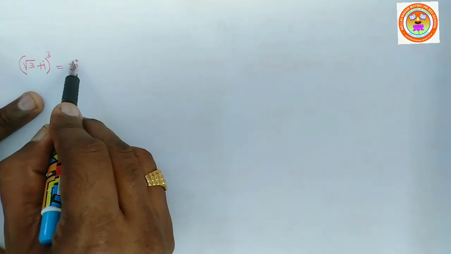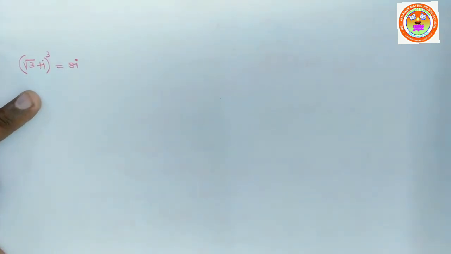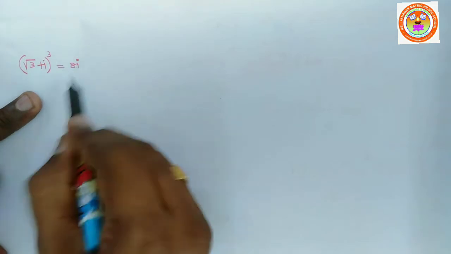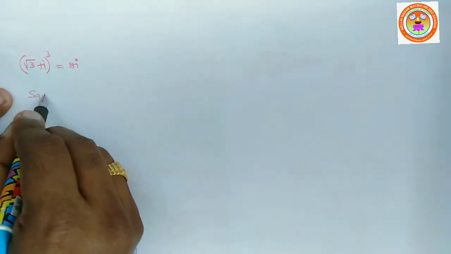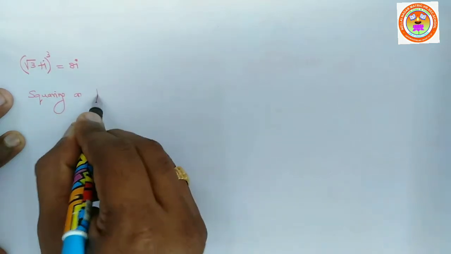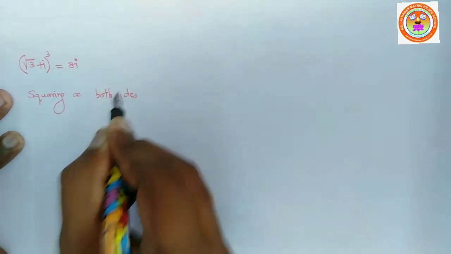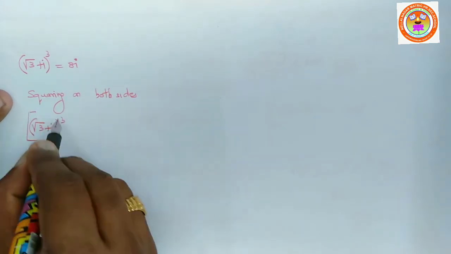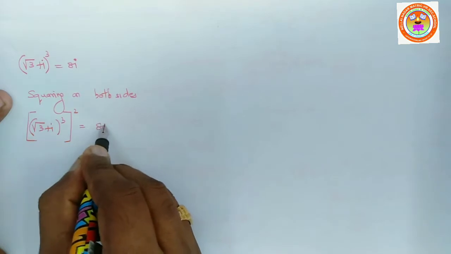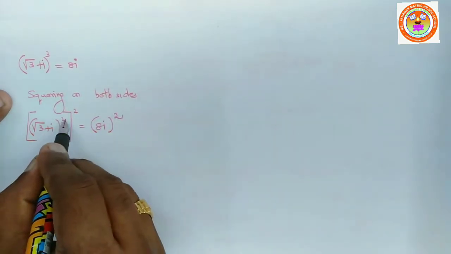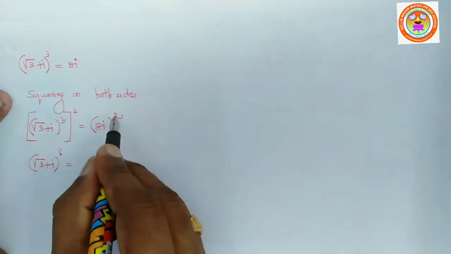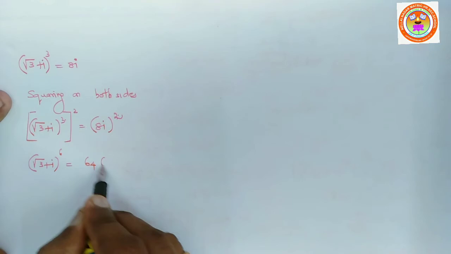On the right-hand side, this i I can make a constant. When i square comes, i square is minus 1, so it becomes purely real. So squaring on both sides: (root 3 plus i) the whole cube, put whole square, is equal to (8i) the whole square. 3 twos are 6, so (root 3 plus i) whole power 6 is equal to 8 square, which is 64, times i square, which is minus 1.